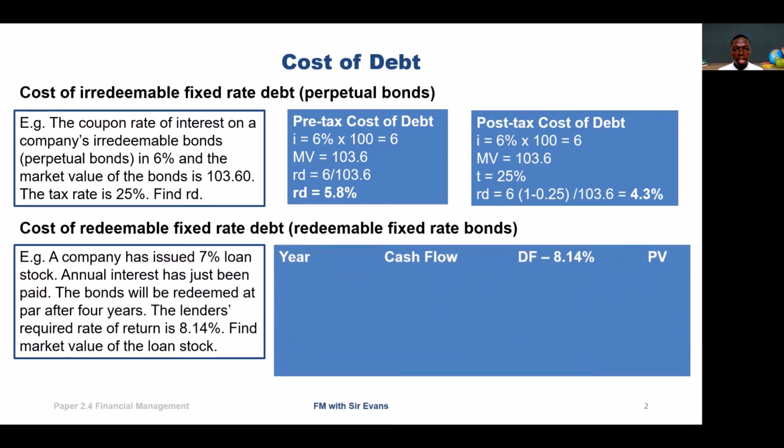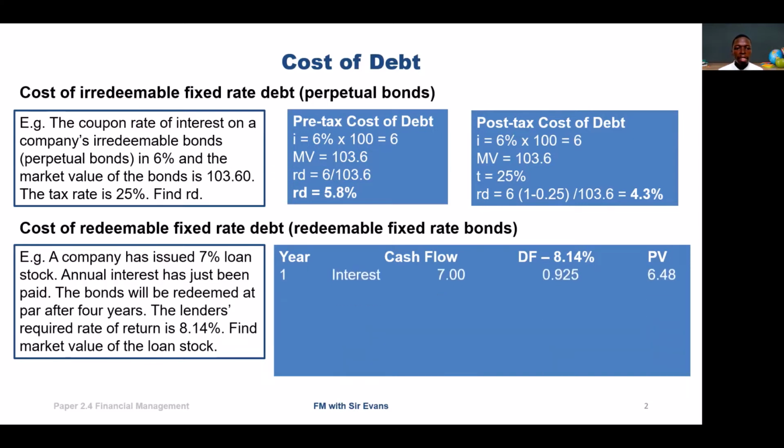So we'll come up with our table showing the year, the cash flow, and the discount factor. Now the required rate of return is 8.14%. That will be our discount factor. In finding the discount factor, the formula is 1 over 1 plus r raised to the power n. Based on the year you are dealing with, you show the n to be 0, 1, 2, 3, or 4. Then you also show the r, which is the 8.14%.